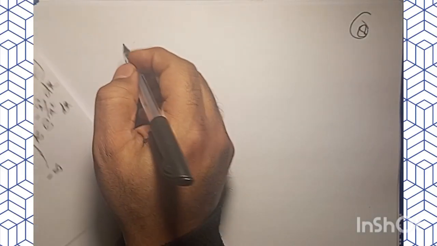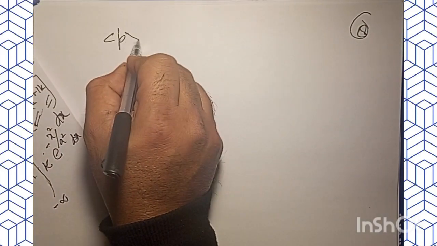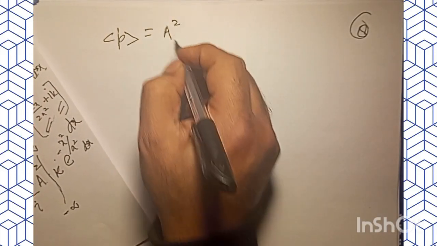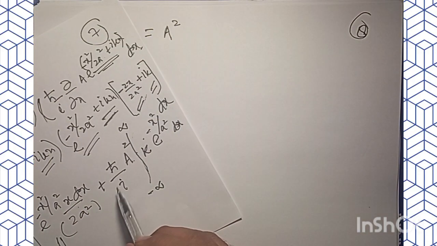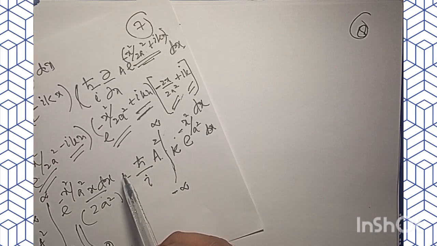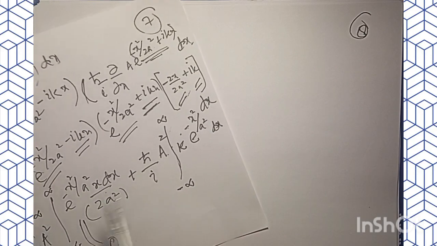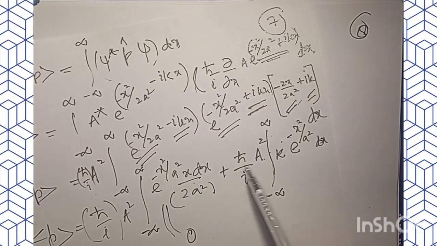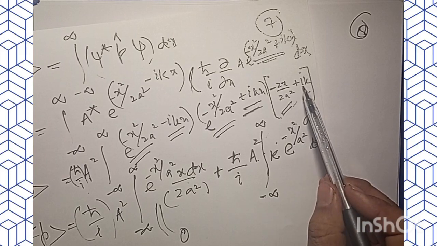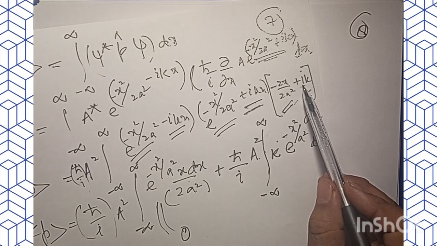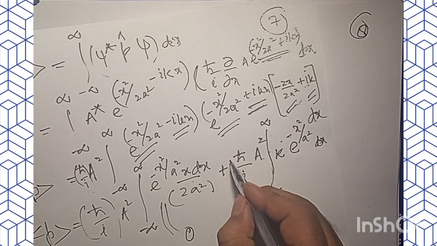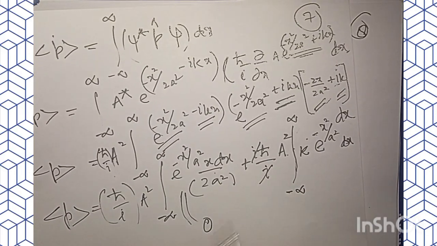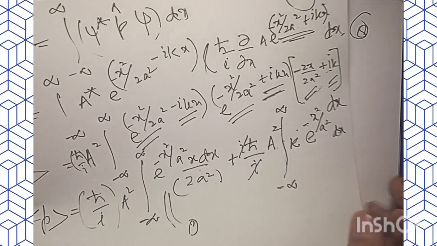the momentum is equal to a square, okay, and here I have iota. I missed that iota, so this iota will come here, and the two iotas will cancel. So my answer will be independent of iota.